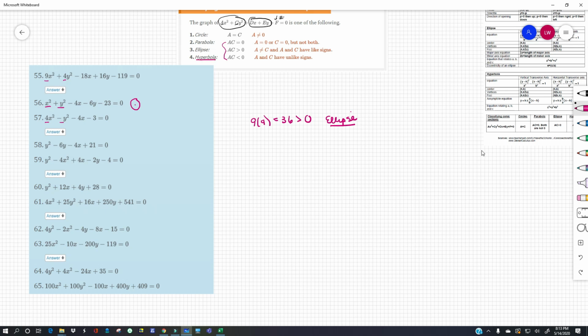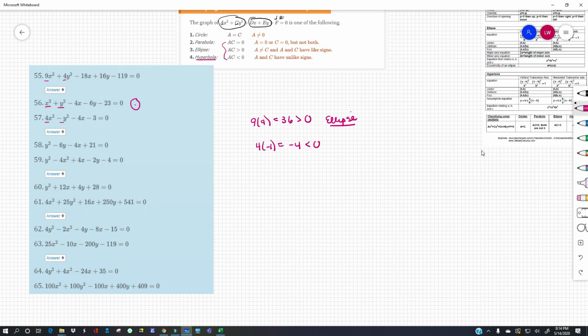The only way you can get a negative number when you multiply is if one number is positive and the other number is negative. So you're going to have different signs for A and C, one way or the other. So since they're different, if I multiply them together just to test, I have 4 times -1, which is -4, and -4 is less than 0, and so therefore we have a hyperbola.